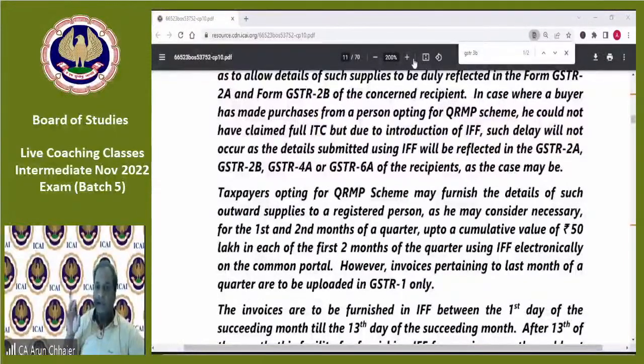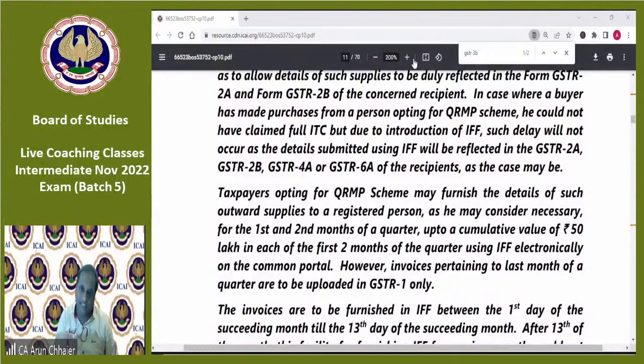See, if I am registered as a composition taxpayer, is 2A 2B applicable for me? The answer is no. If I am a composite taxpayer and I am purchasing from you, and you are a regular taxpayer, will you file the GSTR1? Yes. It will reflect, instead of 2A 2B, in 4A.